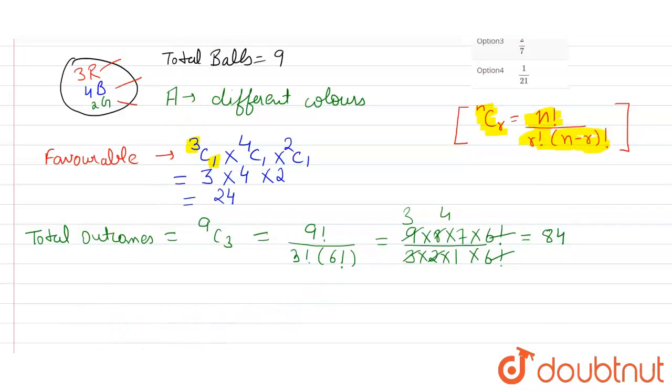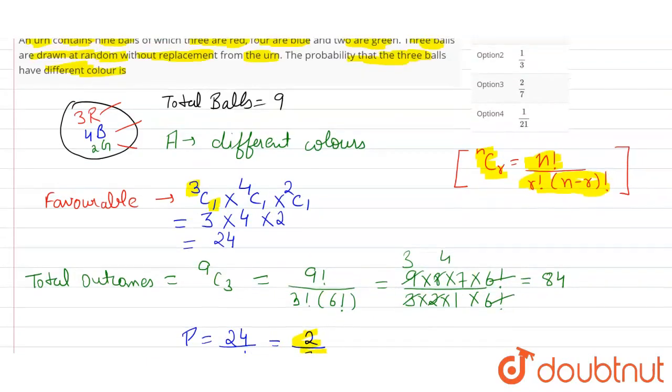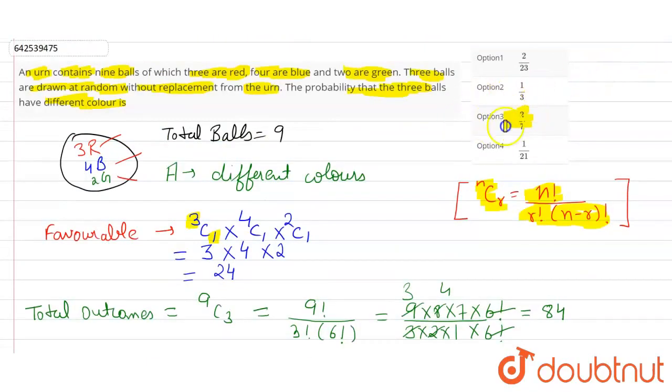So therefore now probability is favorable outcomes, that is 24, upon total outcomes, that is 84. This will become 2 upon 7. So this is our answer. So option 3 is correct.